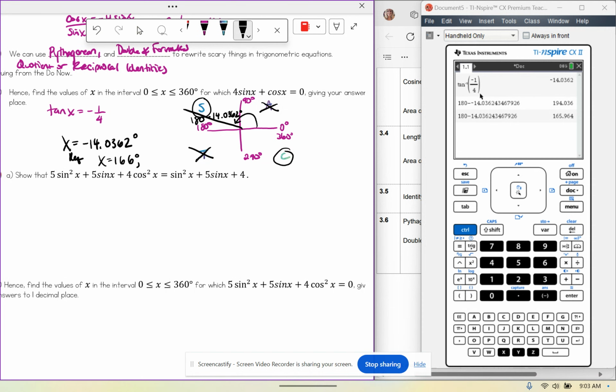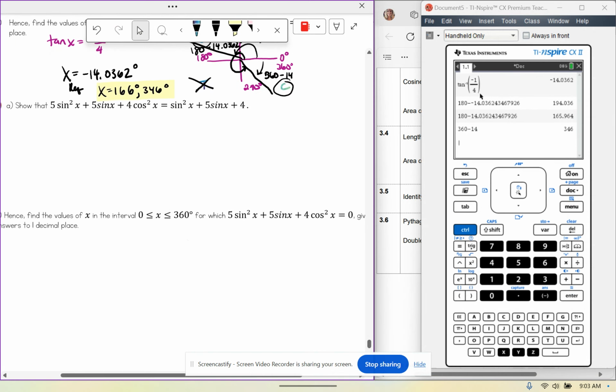Okay, and then let's figure out what it looks like in quadrant 4. Excuse me. So in quadrant 4, I'm going to do 360 minus the reference angle. And I have 346. And those are the two values of x on the interval that they outlined above.